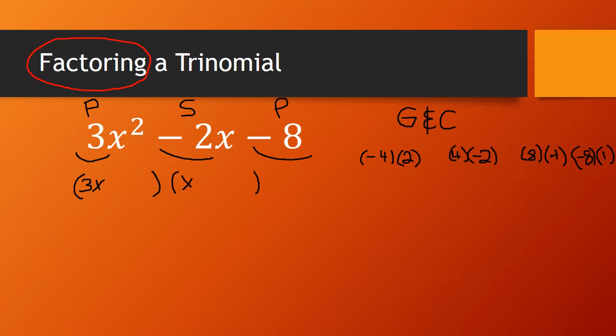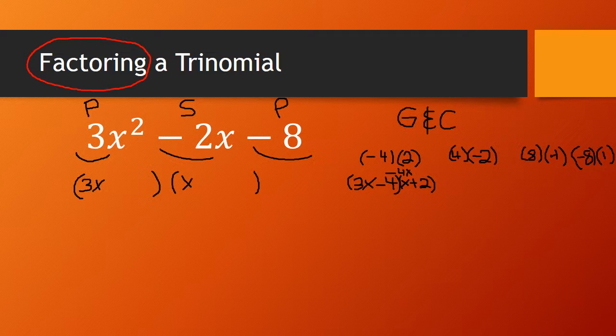Let's work with -4 and 2 first. So if I put -4 and 2 in my factors here, 3x minus 4 and x plus 2, the product of the inner terms is going to be -4 times x, which is -4x.